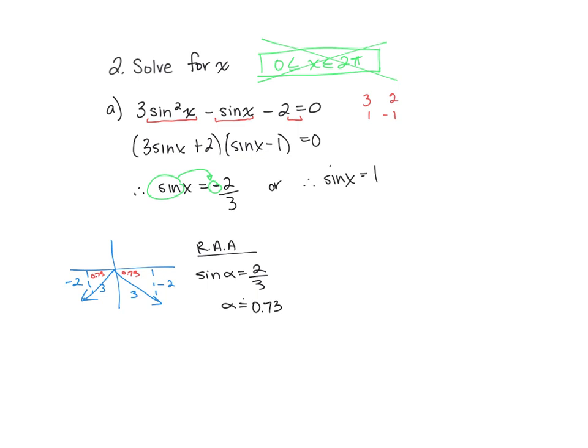So for my values of x, I am going to have pi plus 0.73, which will give me approximately 3.87. And I'm going to have 2 pi minus 0.73, which will approximately give me 5.55 radians.